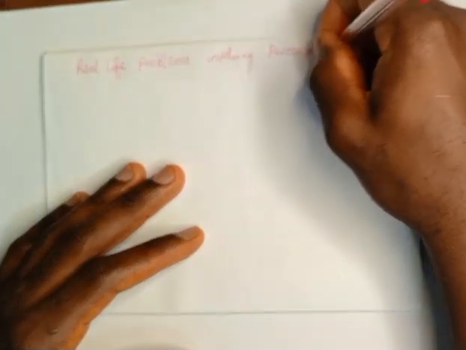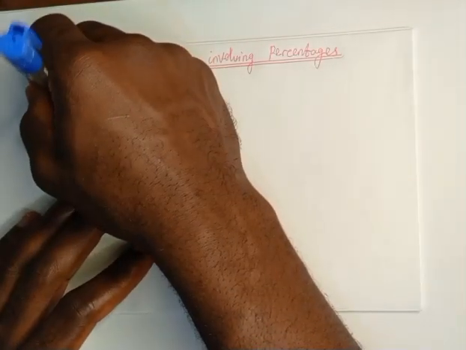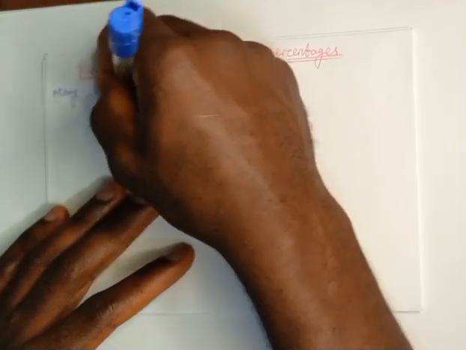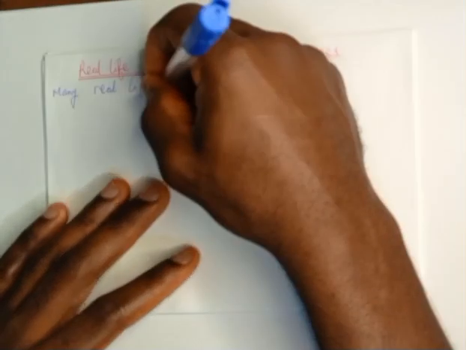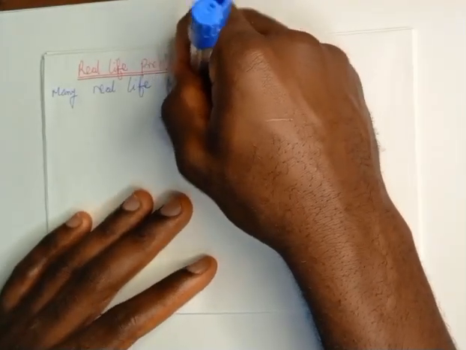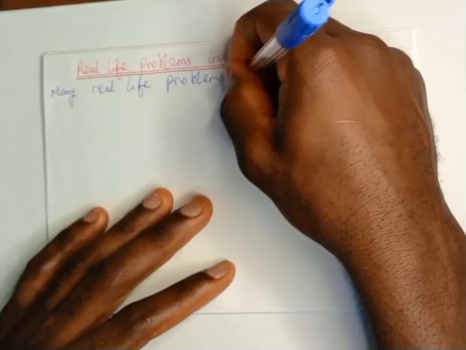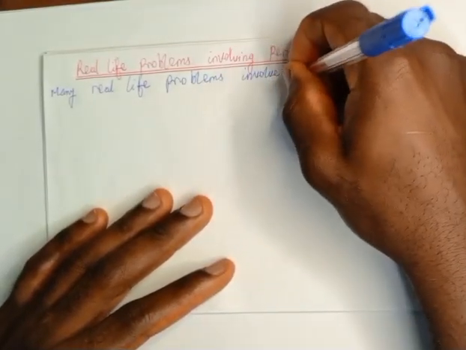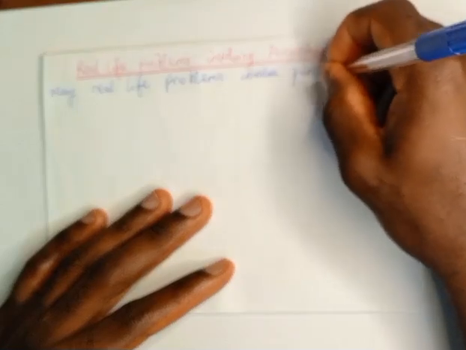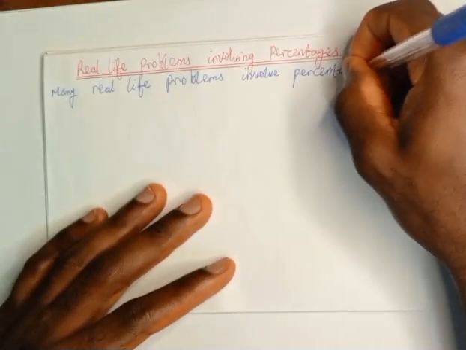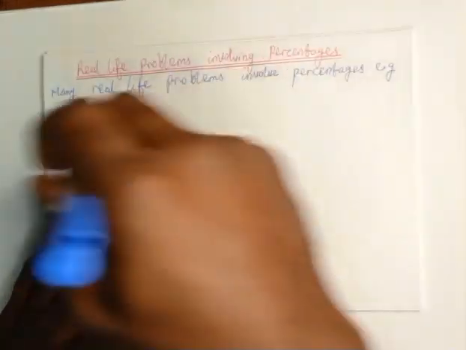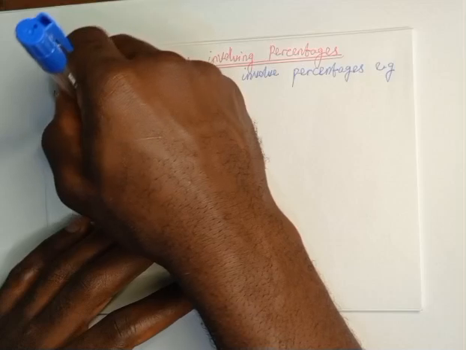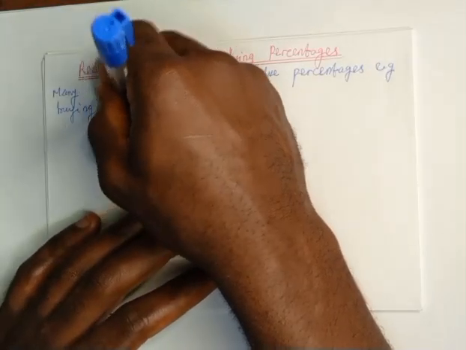Take this down: many real life problems involve percentages, for example, buying and selling.